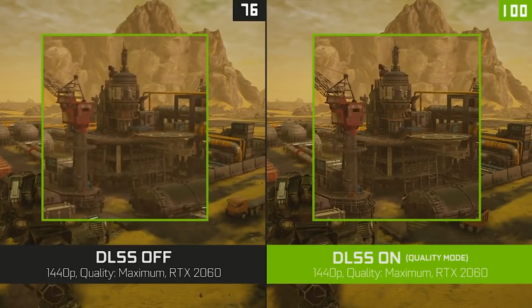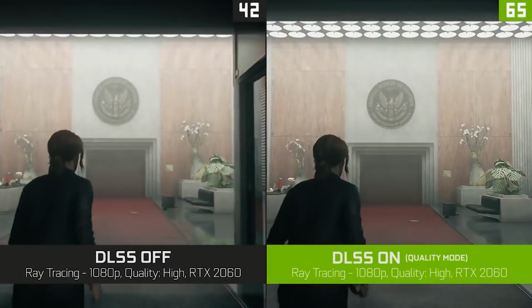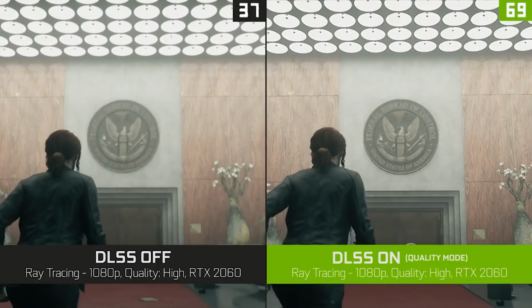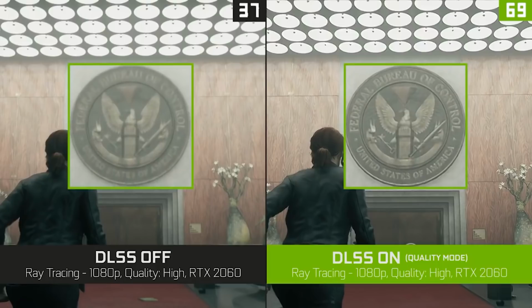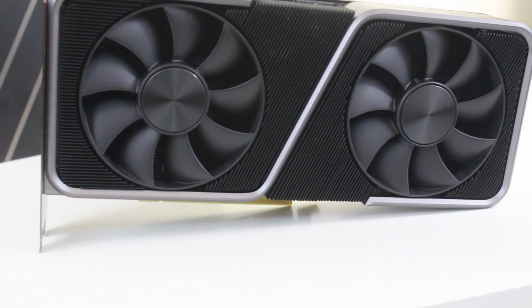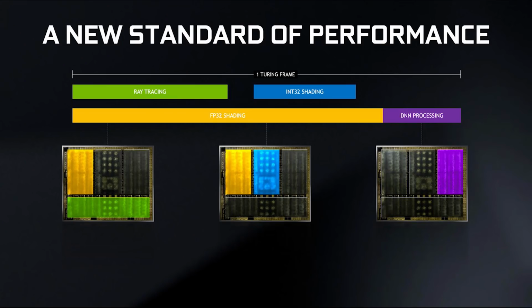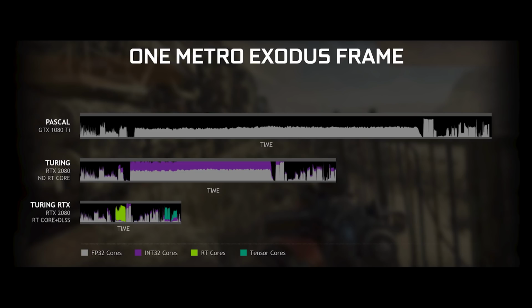And rather than needing a supercomputer, it can be done on your home GeForce graphics card. So the GeForce's CUDA cores can focus on actually rendering the game itself. And then, as you can see in these images, the tensor cores take up a portion of the time for each frame, where the machine learning algorithm upsamples the output to the final image which is shown on screen.